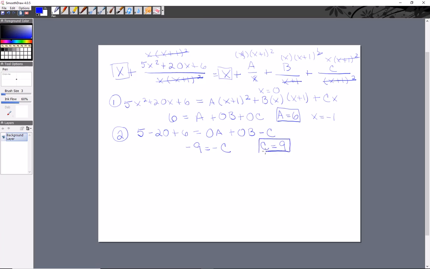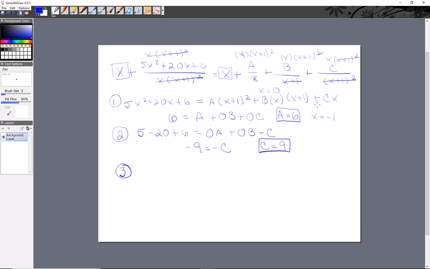Now we're in really good shape. The third step is going to be a little bit tricky, but maybe not so much. We need to eliminate the A portion and the C portion to get B, but I don't believe you'll be able to find a value to plug in for x that makes both of these terms go to 0.